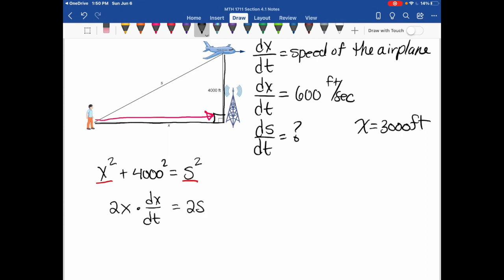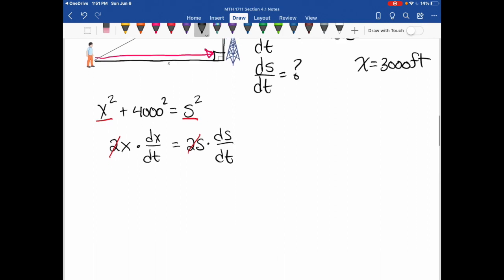And then I have that is equal to 2s times ds/dt, because s is also considered like an inner function because it's changing with respect to time. Now I can simplify this by getting rid of the 2's on each side. And now I can rewrite it as x dx/dt is equal to s ds/dt.